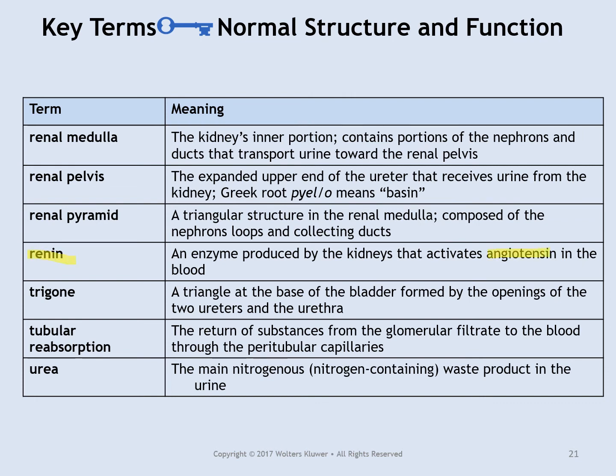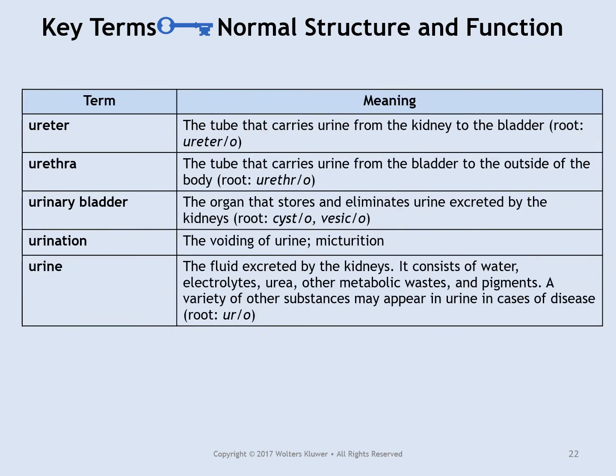We were talking about regulation of blood pressure in conjunction with angiotensin. Reabsorption of fluids and things that we do want to keep track of for homeostasis. The ureter is from the kidney to the bladder. The urethra from the bladder to the outside.